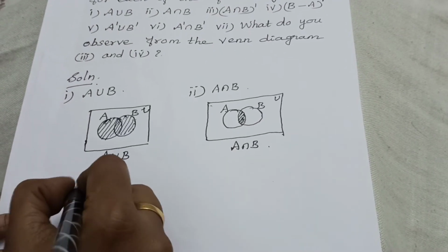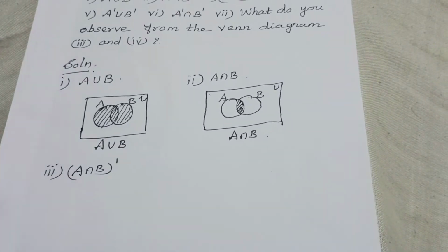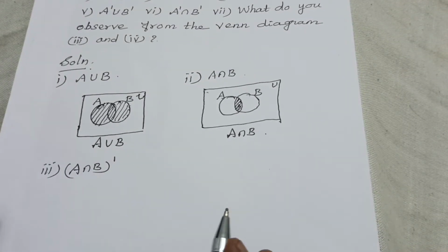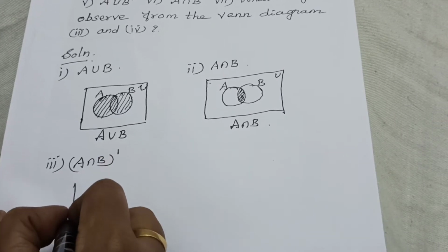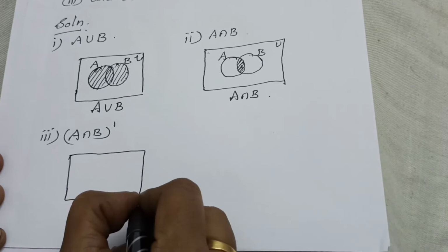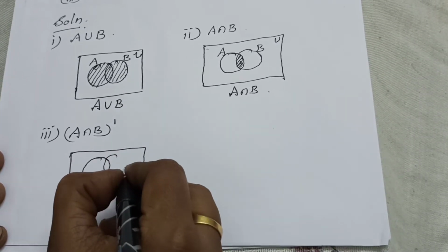A intersection B the whole dash. First we have to draw A intersection B, and only then can we find A intersection B the whole dash.